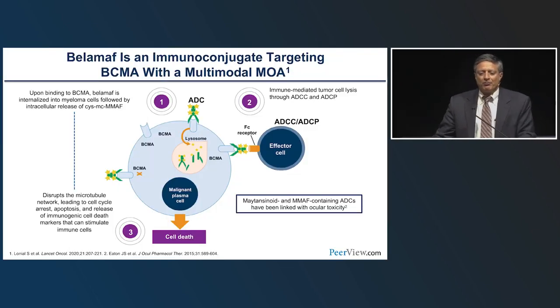Belamat, or belantamab mafodotin, was the first BCMA-directed therapy to be approved. It is an antibody-drug conjugate, but it does have the ability to fix complement and bind to effector cells.